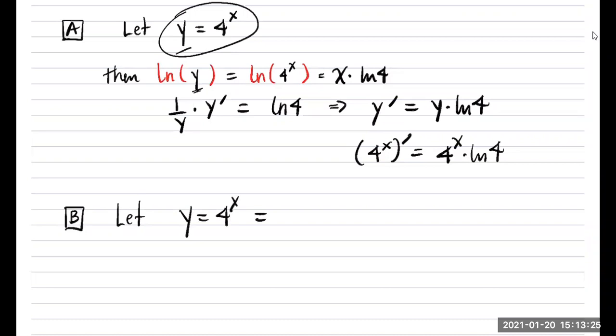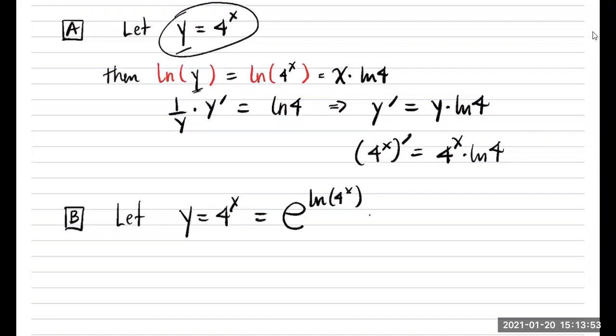Let y equal 4 to the x, and then rewrite 4 to the x this way. Okay, so what I'm using is the inverse properties of the natural exponential function and the natural logarithmic function, right? So said another way, it's kind of pedestrian, but we think of the e and the ln as canceling each other out.